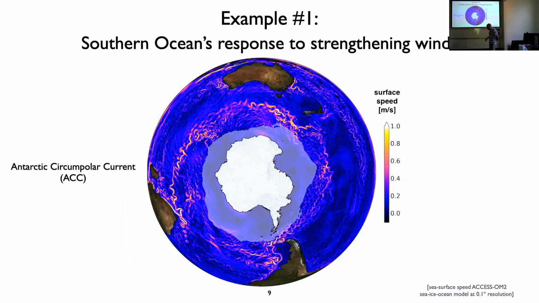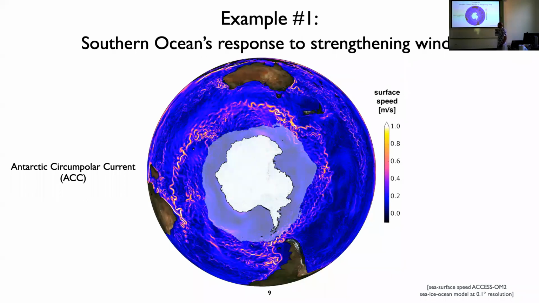It's very important for setting up the meridional overturning circulation, for the transfer of heat polewards, in the meridional direction, northwards and southwards. So it's a very important part of the climate system.